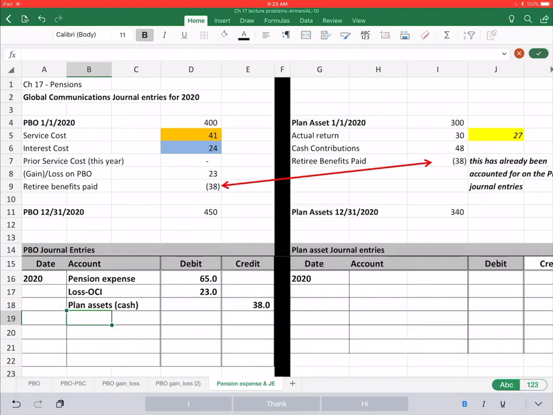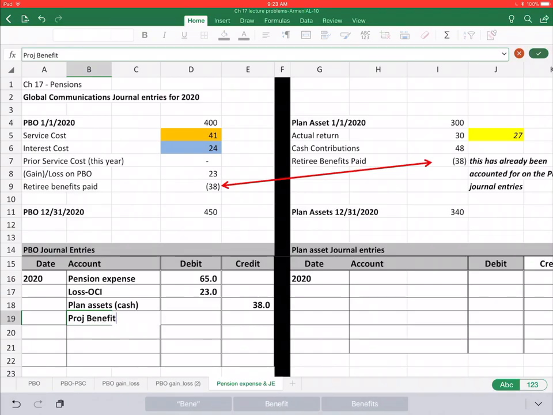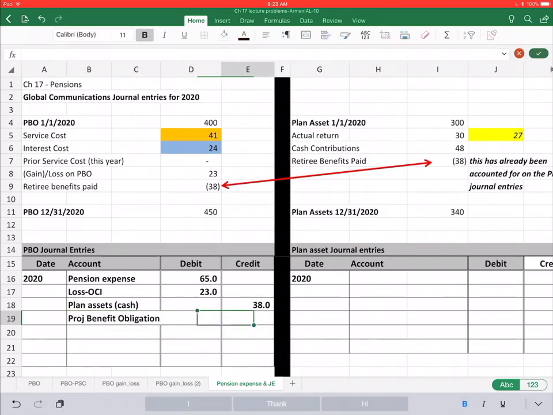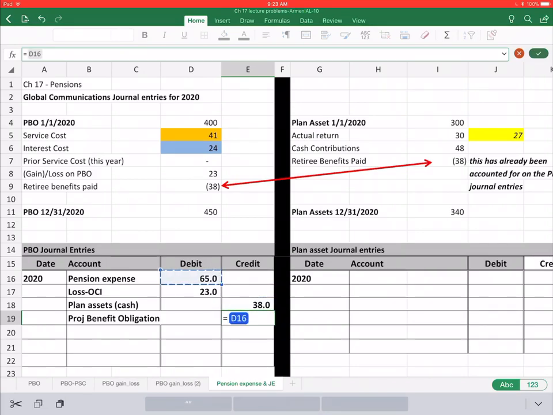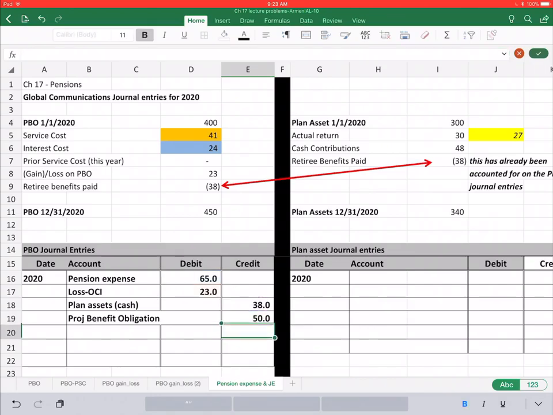And then the last piece to our journal entry is just to show what the effect on the projected benefit obligation is. So we know that our projected benefit obligation went up by 50 million, and we can see how that plays out in the journal entry. If we take our debits and we subtract our one credit, it gives us a credit of 50 million. And we already see that, right?